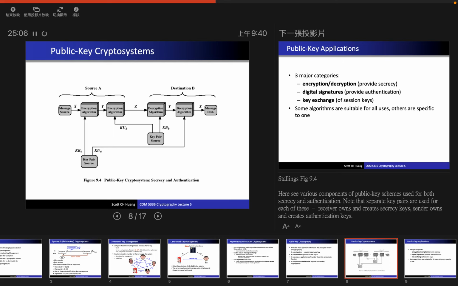The public key can be given to the source via an insecure channel. And then those who encrypt may not be able to decrypt. The message will be decrypted only by the person who generated the private key.